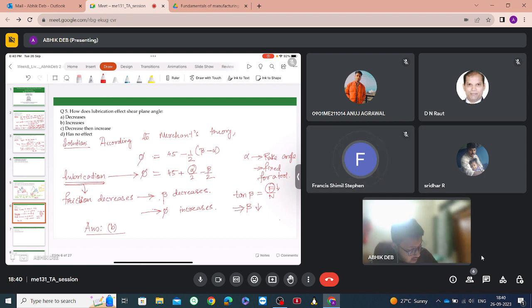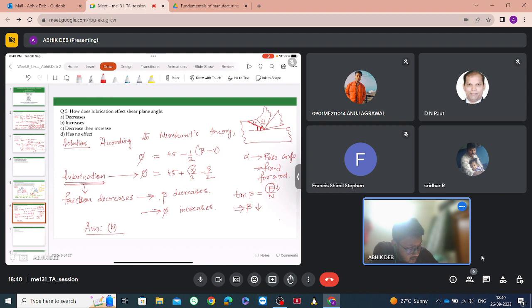See, basically the shear plane angle is this angle. If the shear plane angle is this, then the shear length will be ls. And if the shear plane angle is increasing, then it will be ls dash.